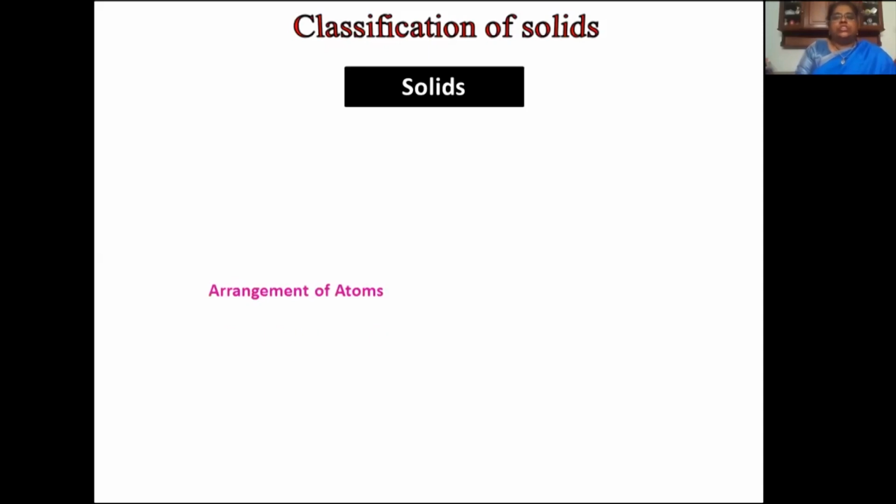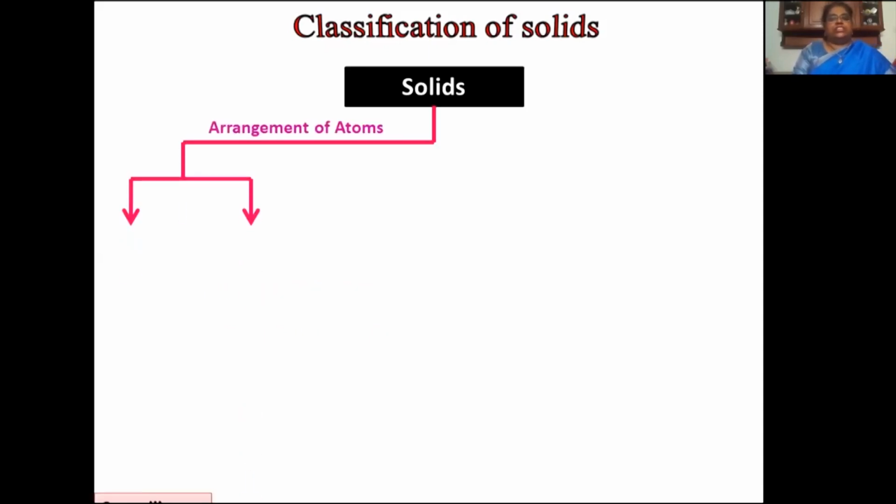So in the solids investigation, first, how do you classify the solid in the first place? When we classify the solid, the first classification, which is very familiar to all of us, comes from the very arrangement of the atoms, because we know atoms are bound together through some way of bonding, the different types of bonding.